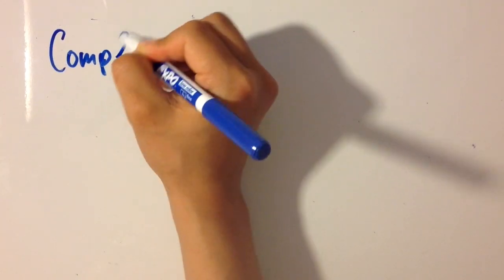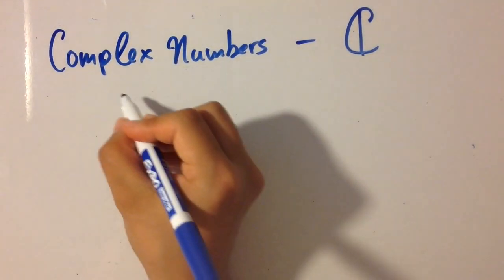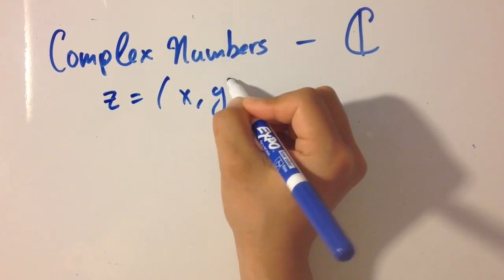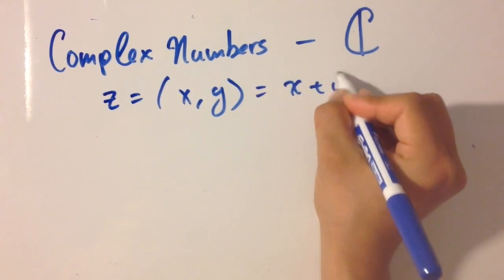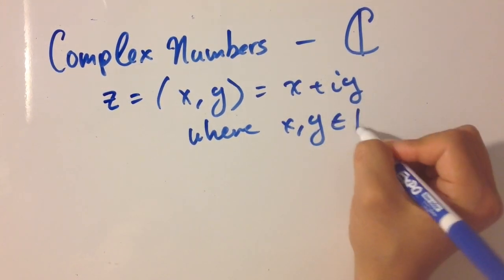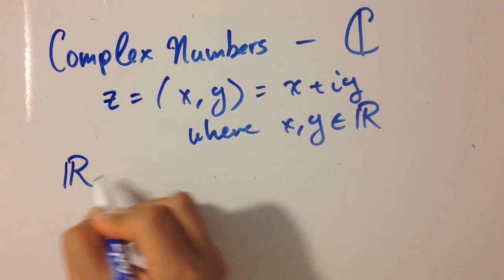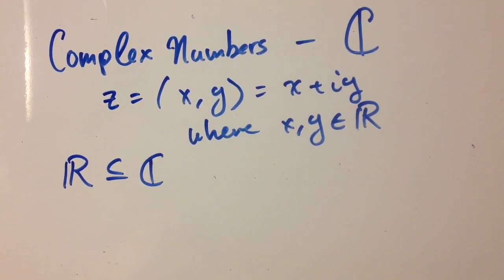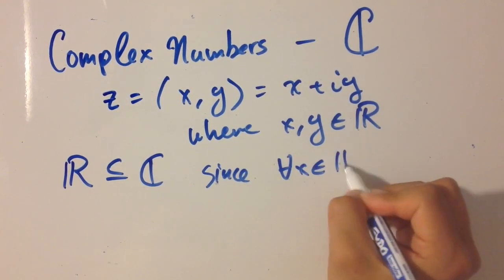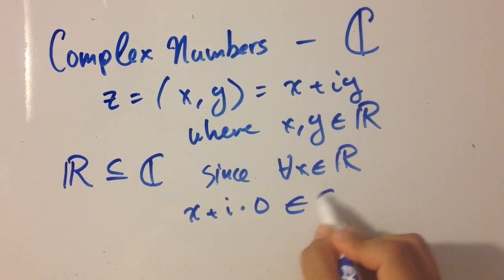Complex numbers are usually denoted by C, and they're usually written as z equal to x plus iy, where x and y belong to the real numbers. Note that real numbers are a subset of the complex numbers, since for all x that belong to the real numbers, x plus i times 0 belongs to the complex numbers.